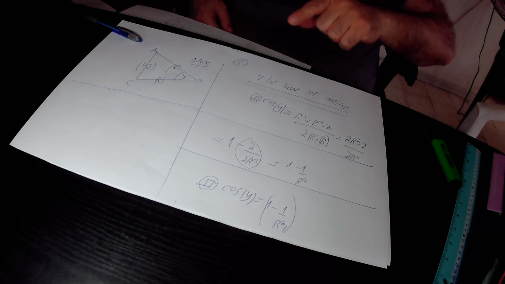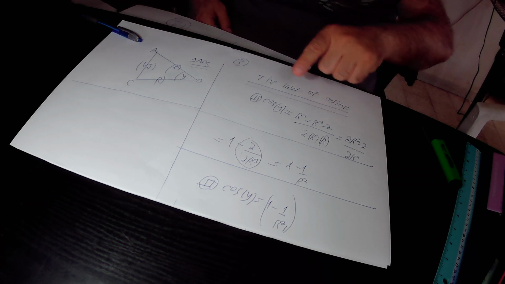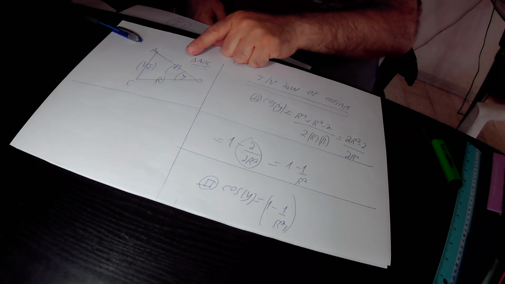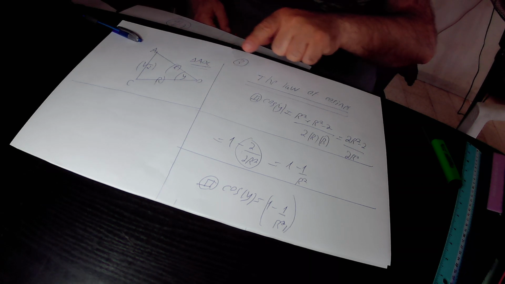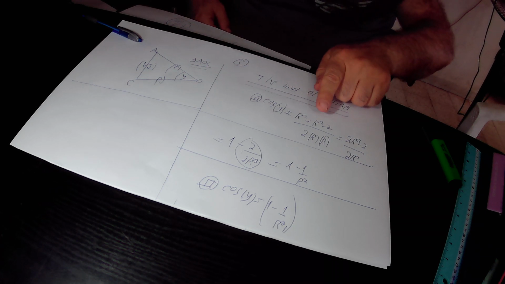So in total, in the numerator we have R square plus R square minus 2 over 2 times AO. AO is R. Substitute AO by R, so it will be 2 times R times CO. CO is also R, therefore substitute CO by R. So in total, in the denominator we have 2 times R times R.